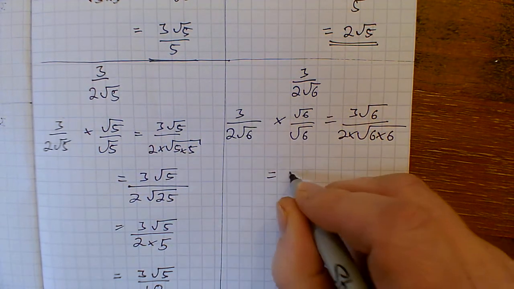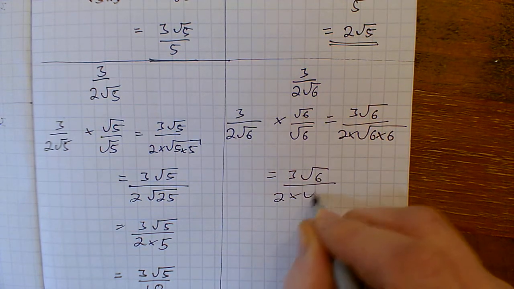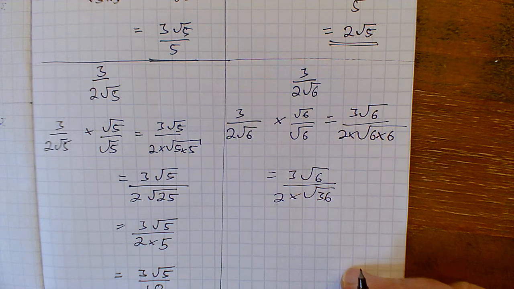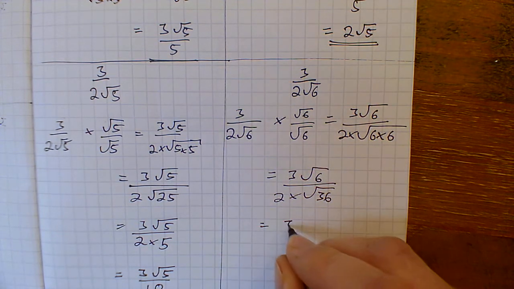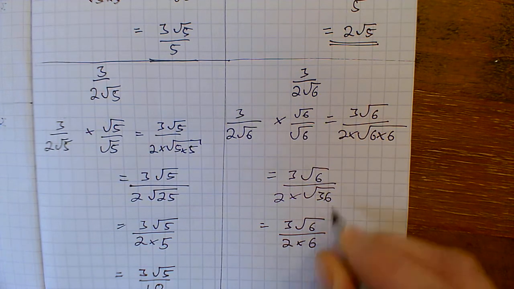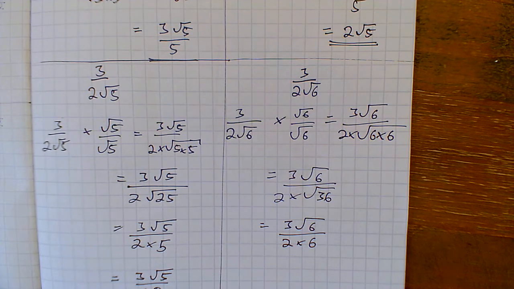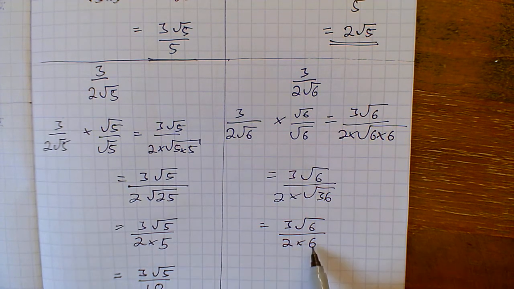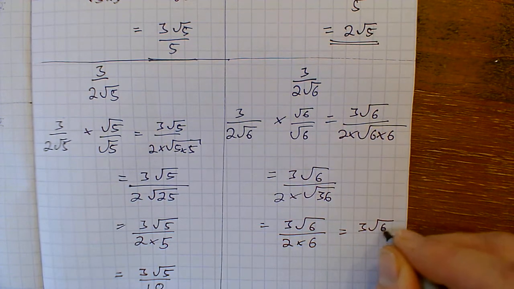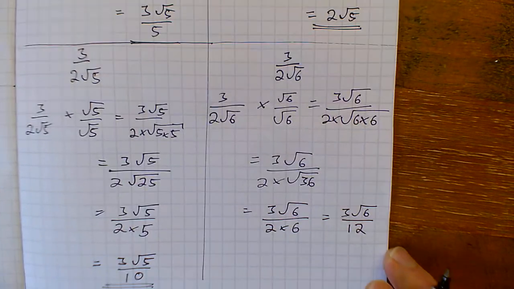Easy enough. 3 root 6 all over 2 times the square root of 36, that's what 6 times 6 is, which is 3 root 6 over 2 times 6, the square root of 36 is 6. 2 6s are 12, so that gives me 3 root 6 over 12.